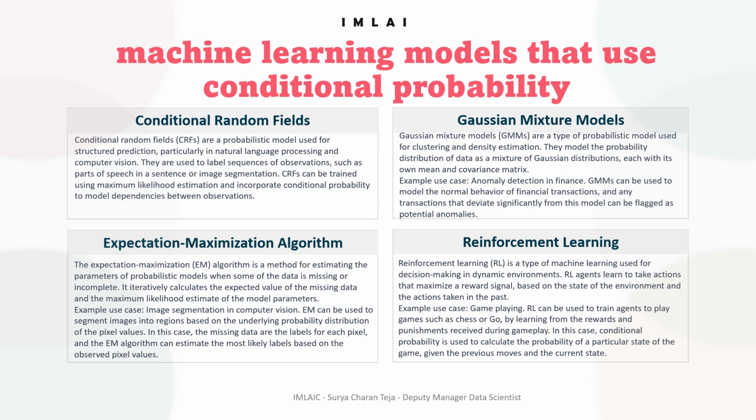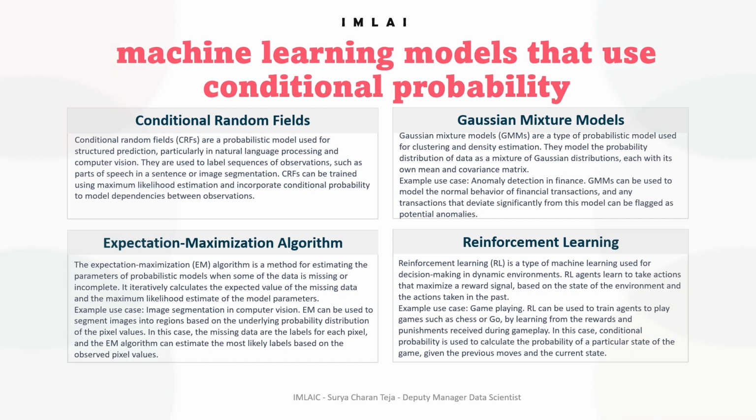Example use case is game playing. Reinforcement learning can be used to train agents to play games such as chess or Go by learning from the rewards and punishments received during gameplay.